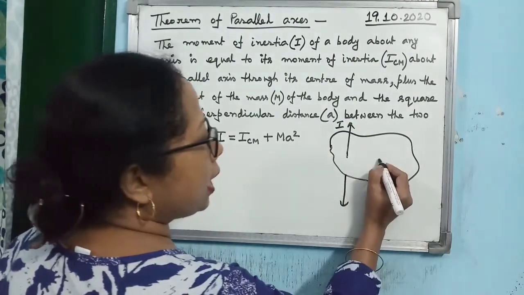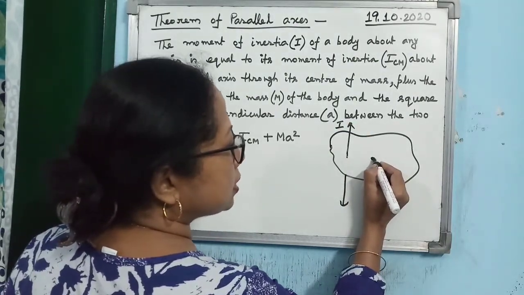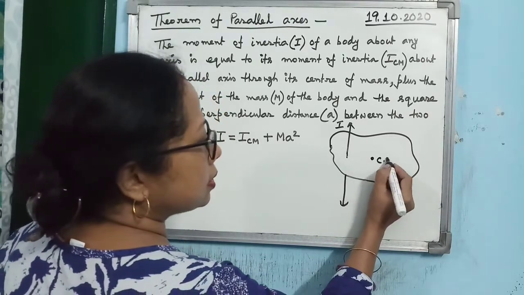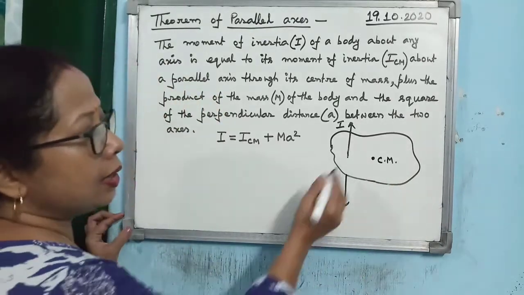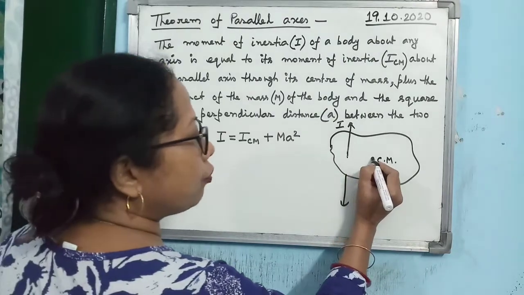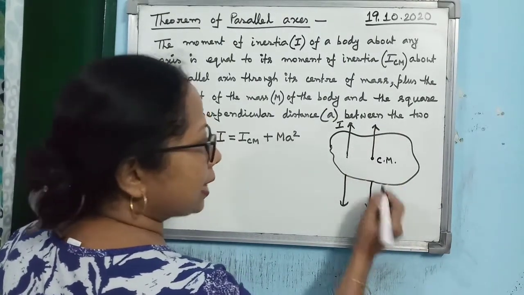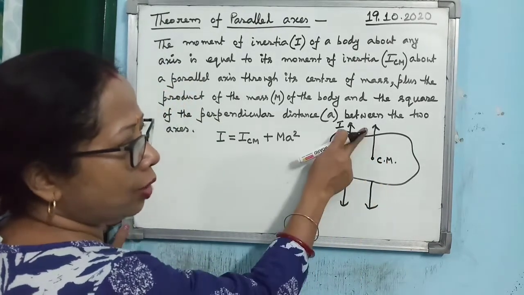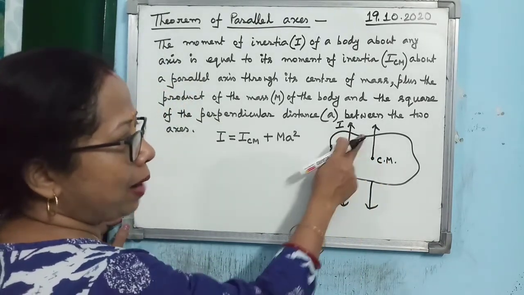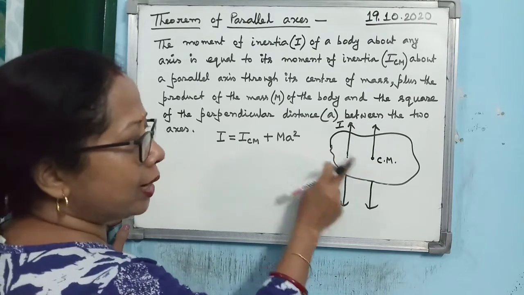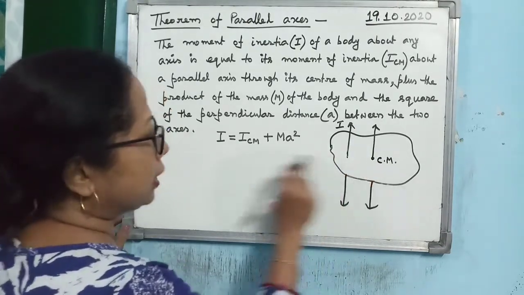Moment of inertia I will be equal to, suppose this is the center of mass of the body, the moment of inertia of the body about an axis parallel to it. You see how I have drawn another axis parallel to the previous one and passing through the center of mass.